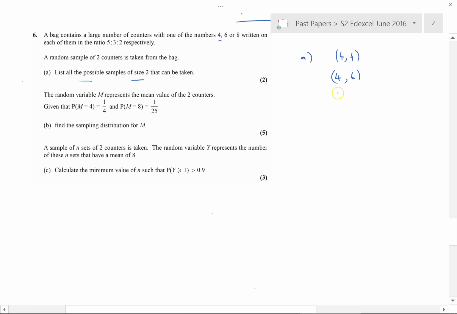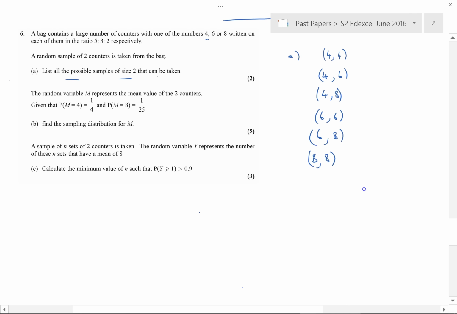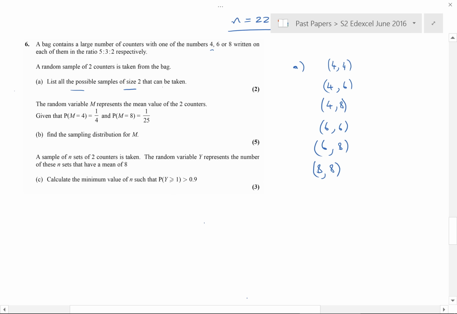Could also have 4 and 8. That's all the ones with 4. So we could then have 6 and 6, or 6 and 8. And finally we could have 8 and 8. So that's part A of the question done. Pretty straightforward part A.